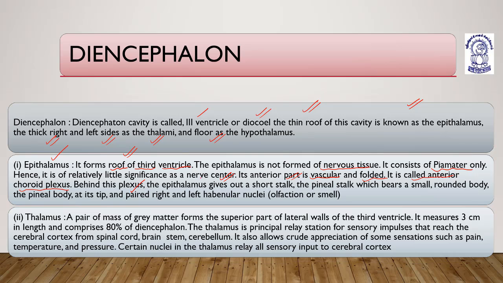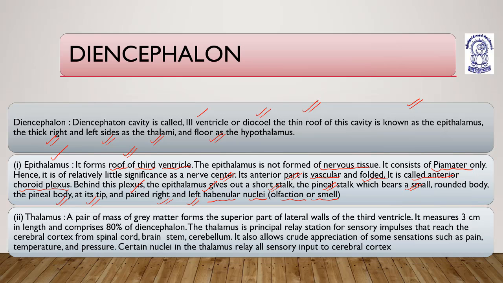Behind this choroid plexus, the epithalamus gives out a short stalk, the pineal stalk, which bears a small rounded body, the pineal body, at its tip, and paired right and left habenular nuclei, which are responsible for olfaction, or smell. So this is about the epithalamus.